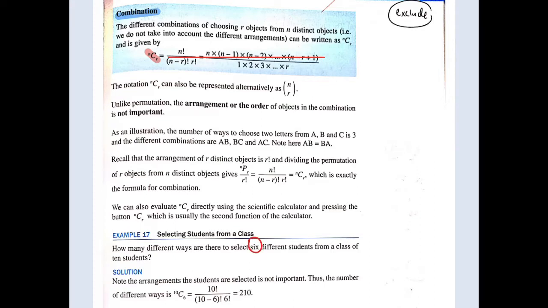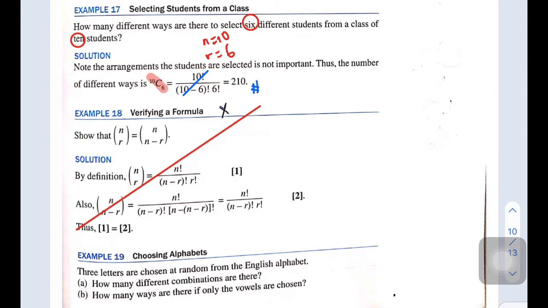So N is 10, R is 6, and the formula here is 10C6. No need to look at the calculation here. Straight away write your answer. It is 210. This example 18 here is not in syllabus, so no need to look at verifying the formula.